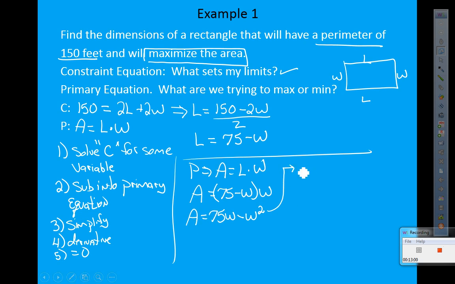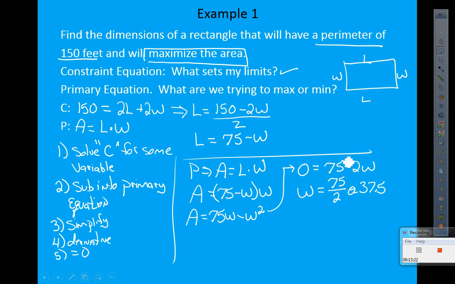So 0 equals 75 minus 2W. And we're going to solve this for W. So my W value is going to be 75 over 2. I subtracted 75 and divided by negative 2, or 37.5.